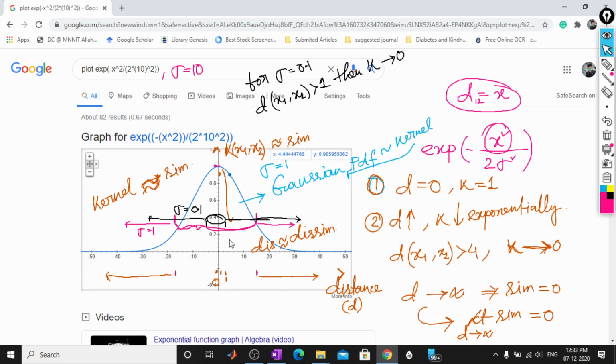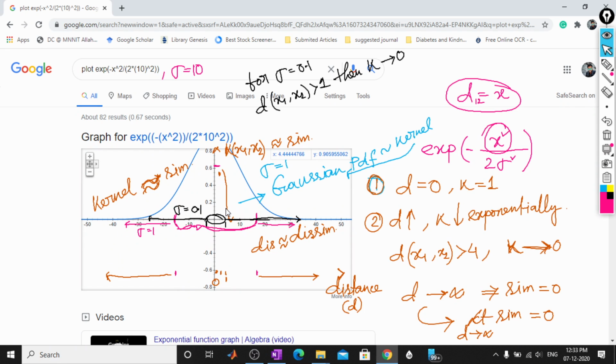For 10, I am using a different color, green. After 40, our value tends to 0. So for sigma equal to 10, if d of x1 and x2 is greater than 40, then our kernel value goes to 0.